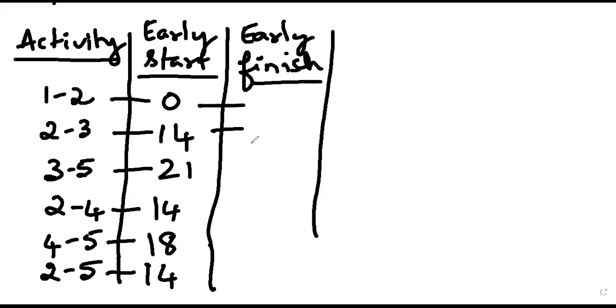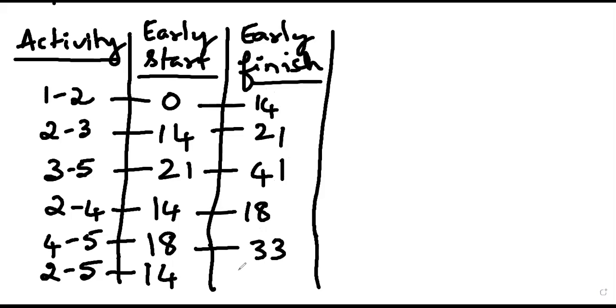And next, early finish: 1-2 is 14, 2-3 is 21, 3-5 is 41, 2-4 is 18, 4-5 is 33, and the last, 2-5, is 26.